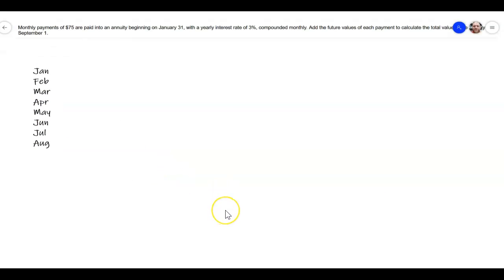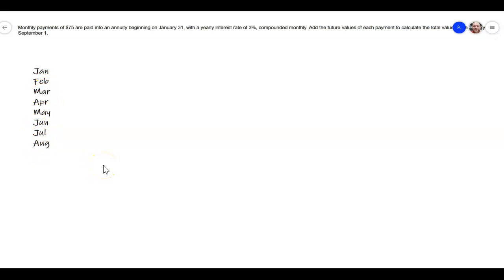All right, so I'll put that right here. And then I want to see, the January payment is going to accumulate for February, March, April, May, June, July, and August. So that's going to accumulate for 7 months.